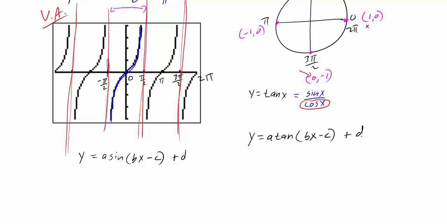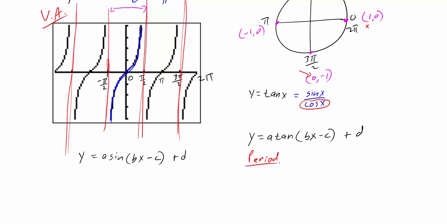Now, once again here, we don't really have an amplitude, so the a part of it's not going to really affect here. We wouldn't have the amplitude because that's telling us with the sine and cosine how high and how low the graph is oscillating. But if we're trying to calculate the particular period, this is one thing you have to be careful with for the tangent function.